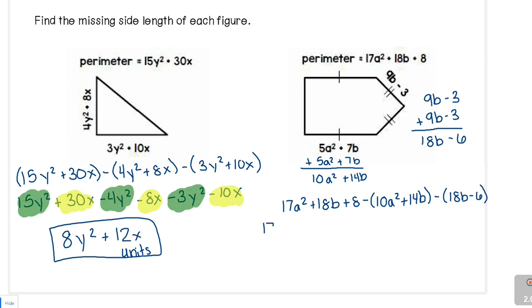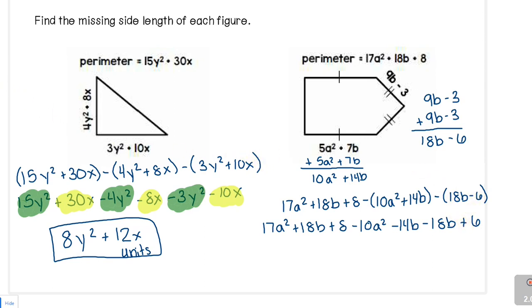So we're going to rewrite it, 17a squared plus 18b plus 8. Change the sign, so it becomes a minus 10a squared minus 14b. Change the sign, so minus 18b plus 6. Make sure you change the sign.